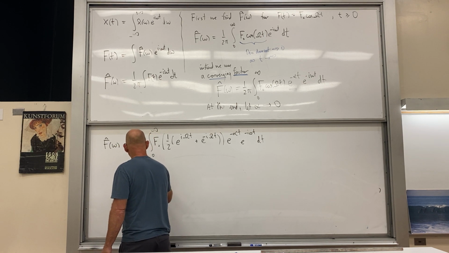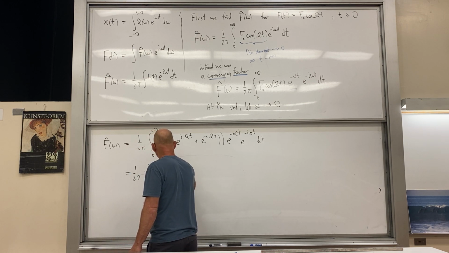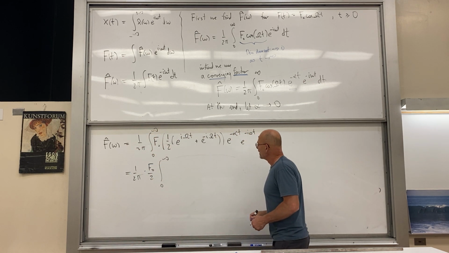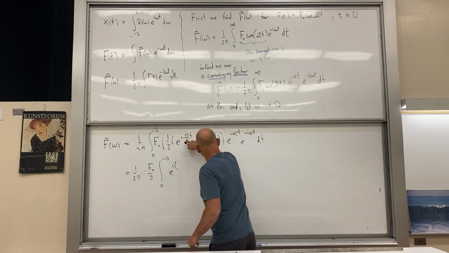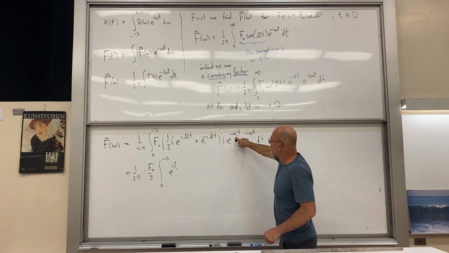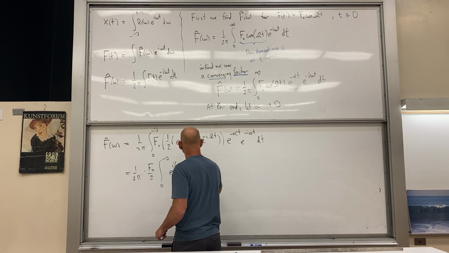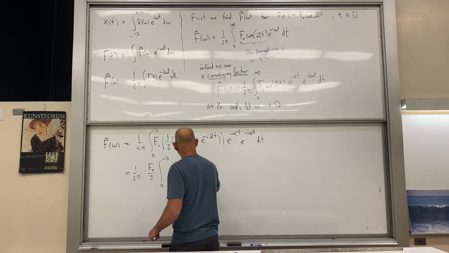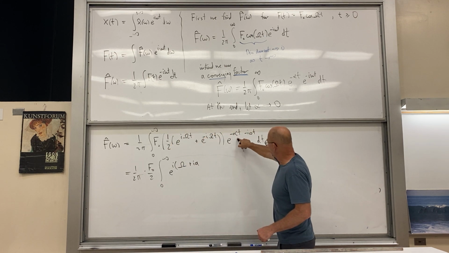So we can get all of these under one integral: f naught over 2, integral from 0 to infinity. So we have e to the i, capital omega, no, plus i alpha, because i times i will give us a minus sign there.